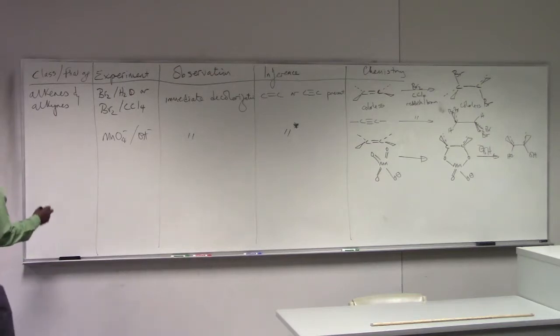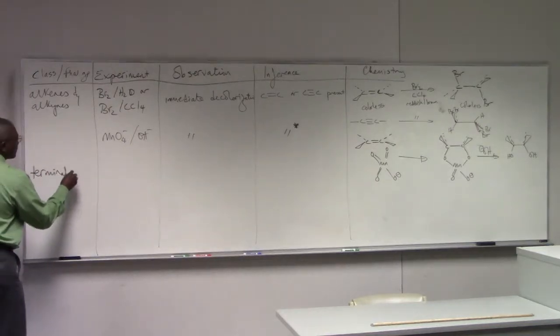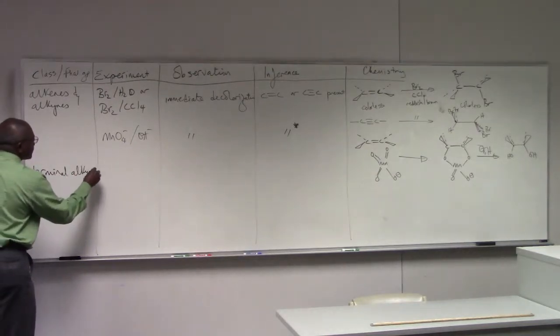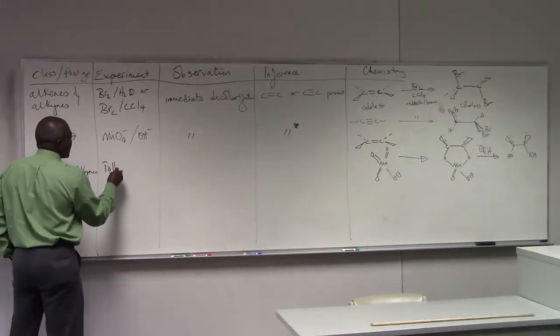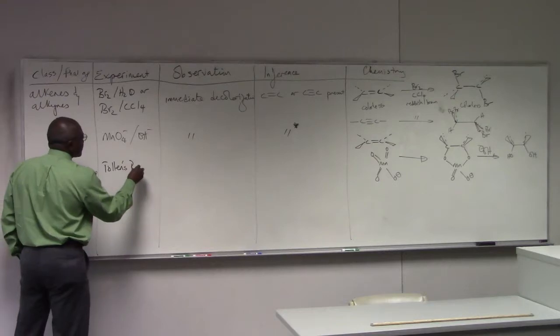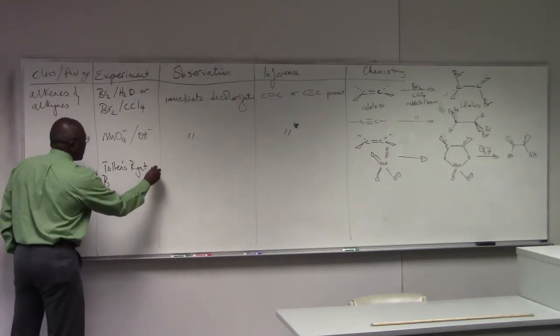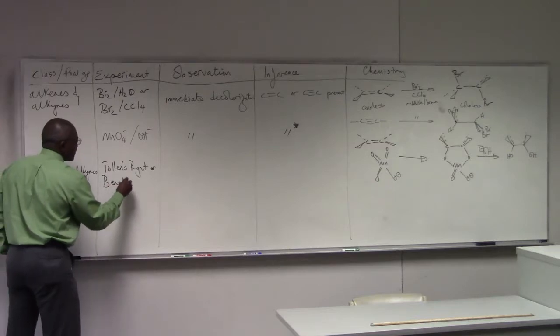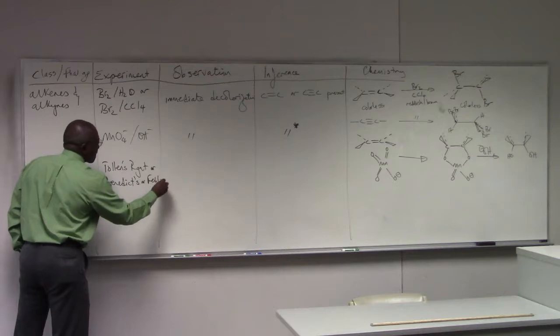The other one is specific to terminal alkynes. It is if I add either Tollens' reagent or Benedict's solution or Fehling's solution.